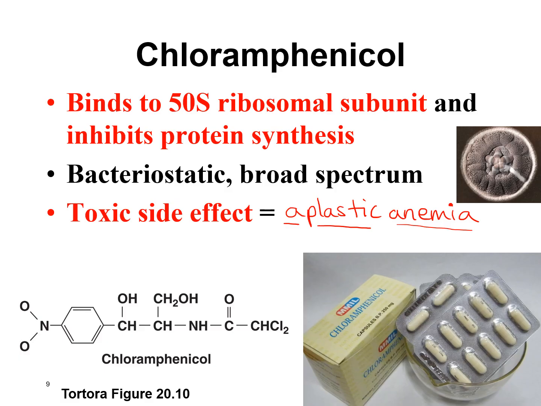And so then you can no longer make red blood cells, white blood cells, or platelets. So you can't make any of your blood cells anymore. And then that will obviously lead to death. In order to treat that, you'd have to do a bone marrow transplant and give the person new stem cells. So that is a really bad side effect.